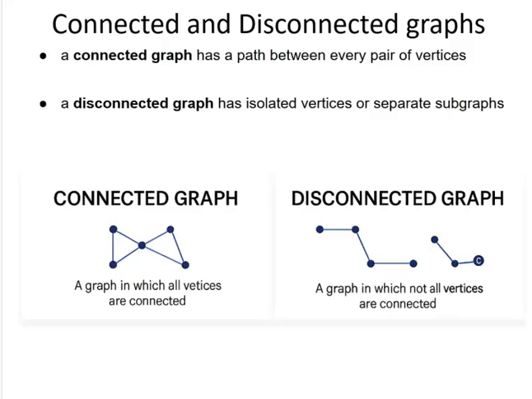There will be a path, a walk, through all of those vertices. A disconnected one is where you can't complete a path or a walk through all the vertices because there's some disconnection that stops you accessing some of the nodes from the other set of nodes. It looks a bit like two separate subgraphs.